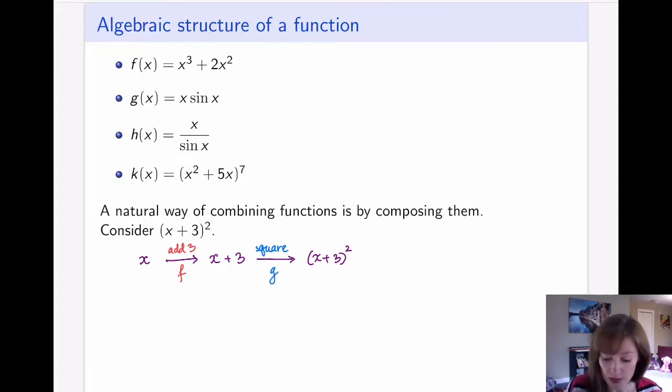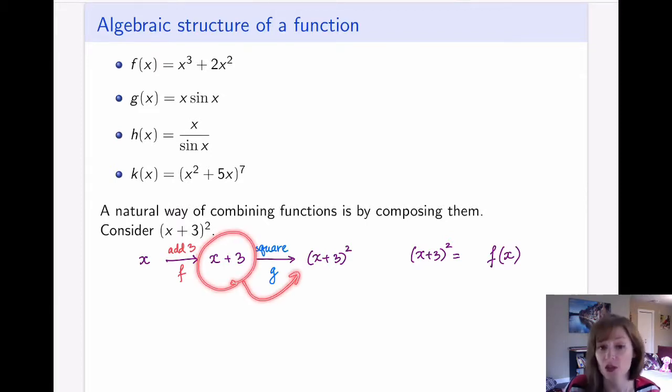Then we notice that if I were to rewrite x plus 3 squared, what happened to x first is I took my x, and the first function I applied to it was the function f. So the first thing to act on x was f, and then once I had the output for that, I applied the function g to it. So afterwards, we applied g.